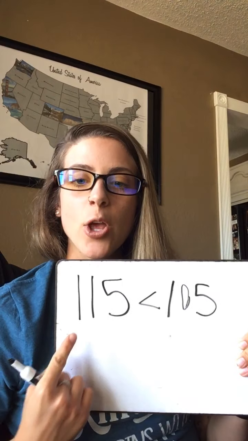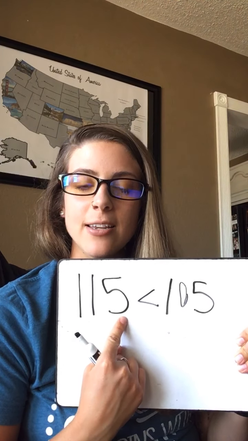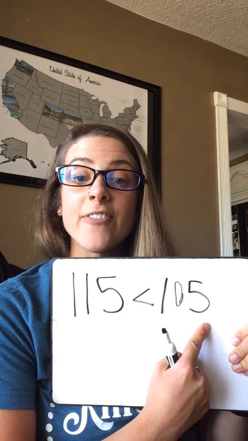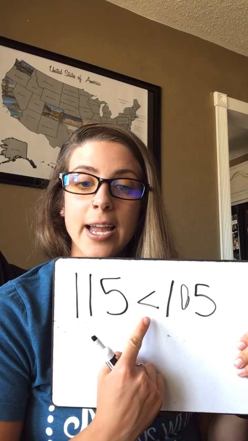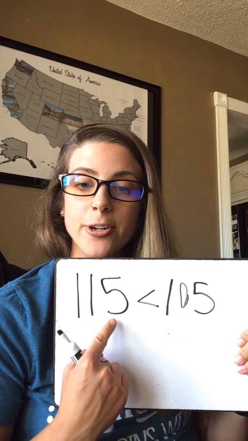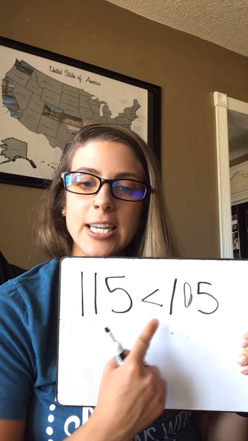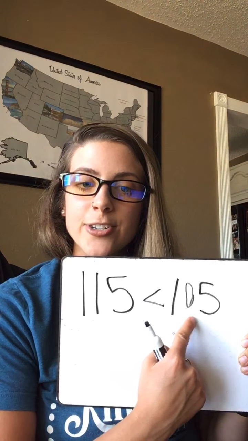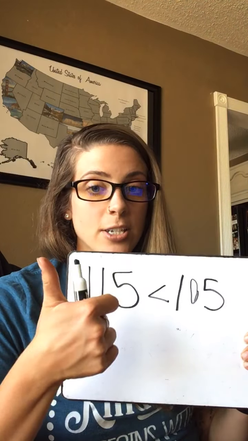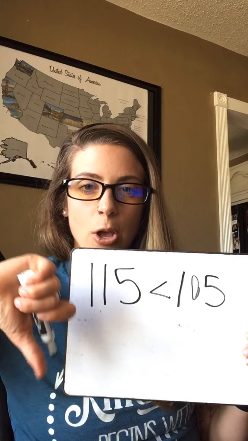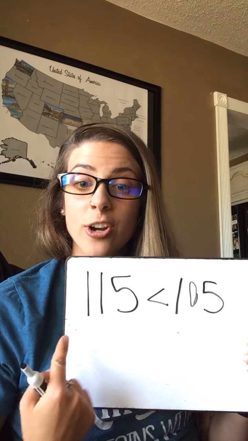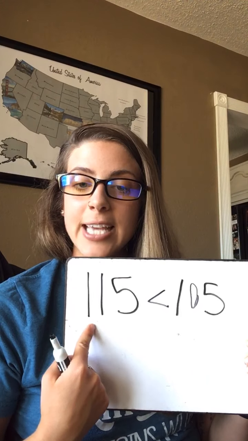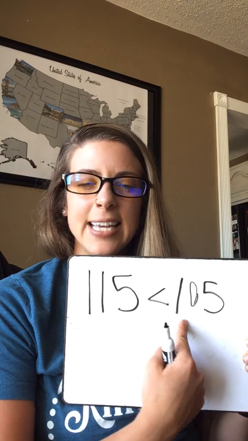All right, I'm going to change it a little bit. Let's read these numbers. We have 115 and 105. Now look at this sign. This sign says that this is the smaller number, that 115 is less than 105. Is that correct or is that incorrect? Well, first off, we need to think which one is the bigger number. We have 11 tens and 5 ones and 10 tens and 5 ones.